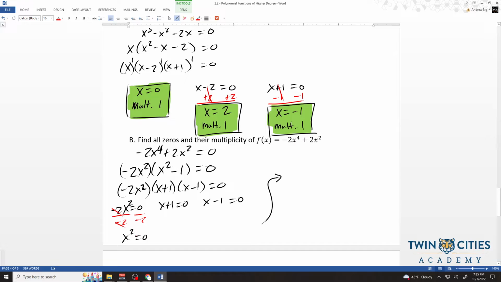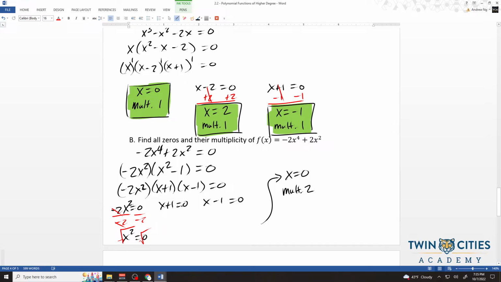This is my factor, by the way, here. Then I'm going to have just x equals 0. But because this had a power of 2 on it as a factor, I know I've got a multiplicity of 2. We'll talk about what that means in a moment.